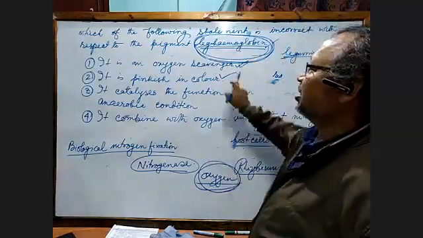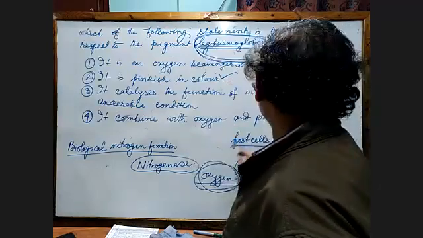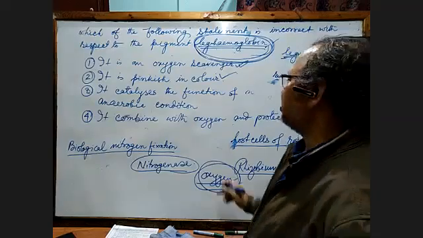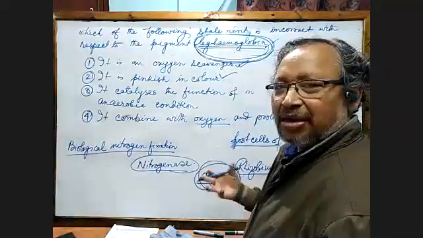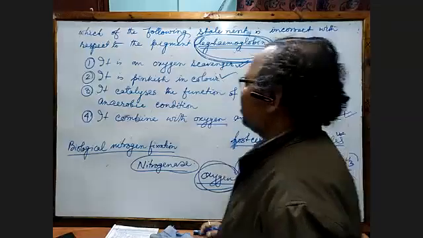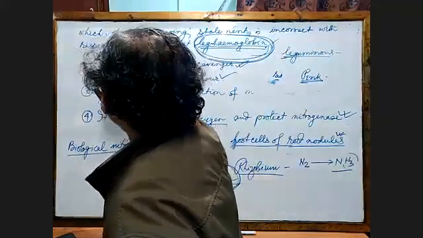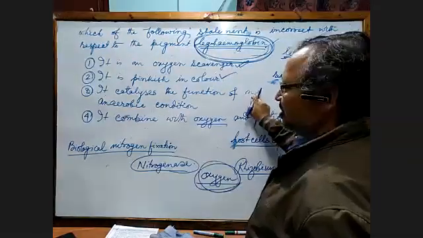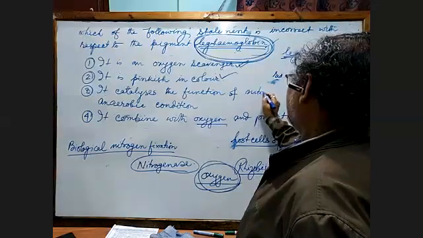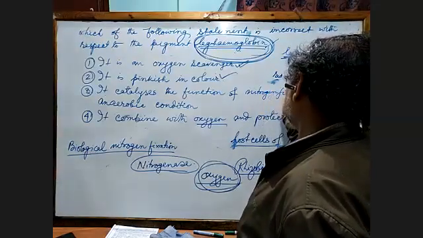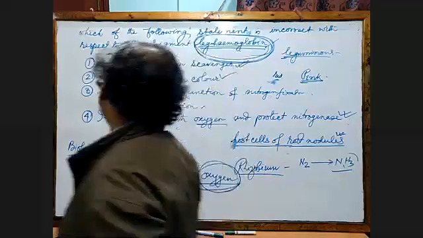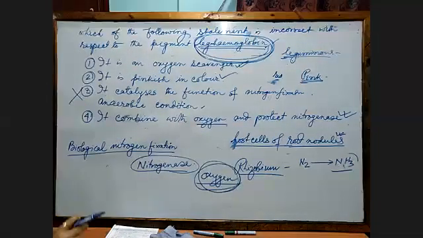It is pink in color, and the statement that it saves nitrogenase by combining with oxygen and making the cell environment oxygen free is correct. And this statement, that it catalyzes the function of nitrogen fixation in anaerobic condition, is not correct.